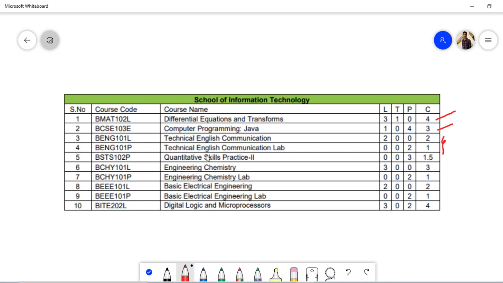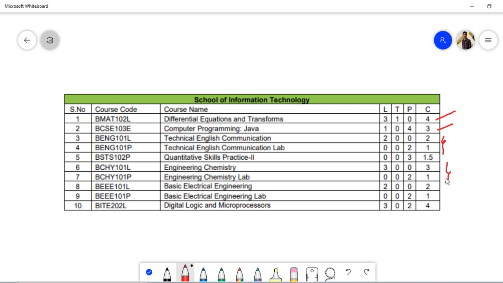And then soft skills is a compulsory course we need to do in the semester only. Then engineering chemistry. If you have completed engineering physics in the first semester, then you are going to do engineering chemistry in the second semester. Most students will register for engineering chemistry in the second semester, but some are not registering.